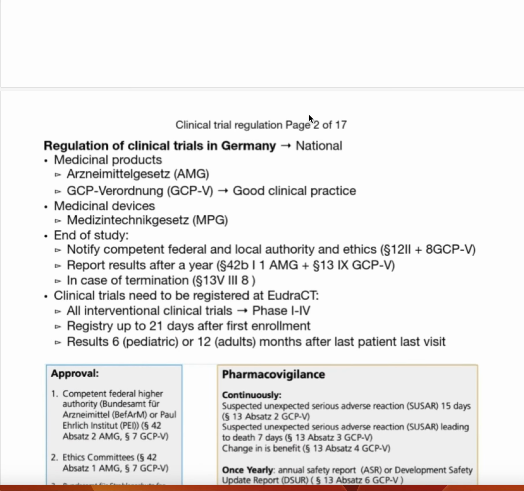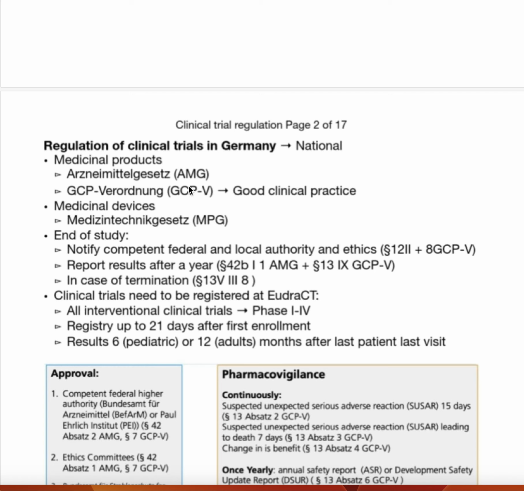The regulation that is present in Germany, we can say national also, for the medicinal products and the medicinal devices. The medicinal products law is called AMG, Arzneimittelgesetz. Arzneimittel is actually one word and means drugs, and Gesetz means a law or rule or something like that.